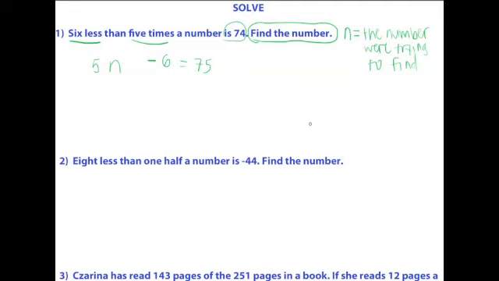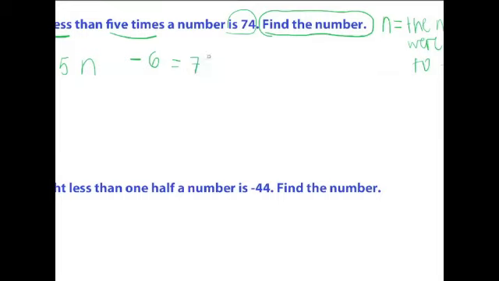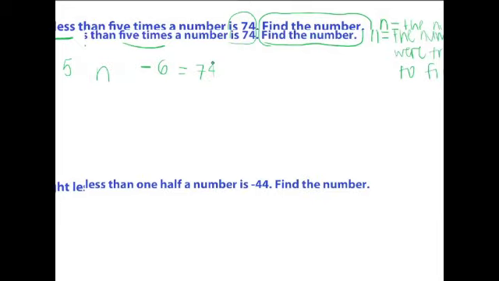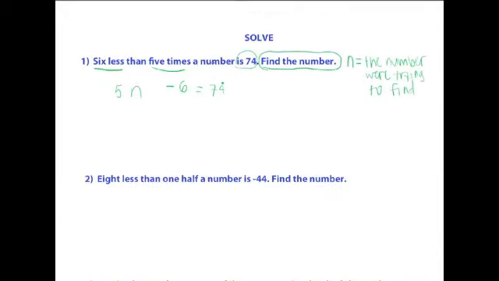Why did I put 75 here? 74, sorry. See, even I'm making a little bit of mistakes here. Let me zoom out here. There we go. And now all we have to do is find that number, so let's solve. So I have 5n minus 6 equals 74. Let's add 6 over.